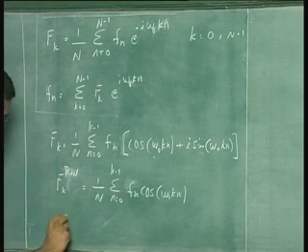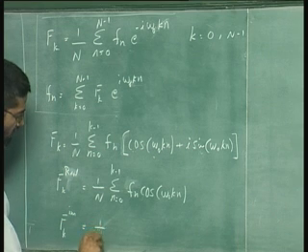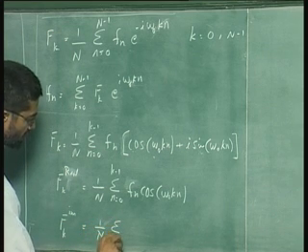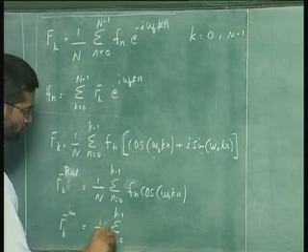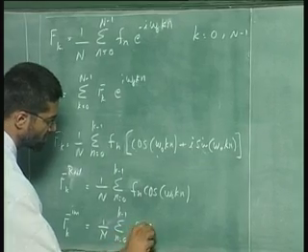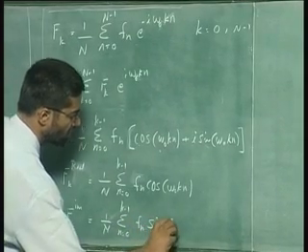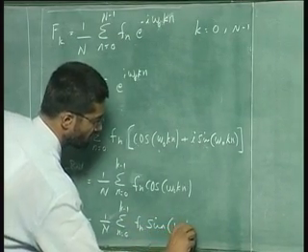And then we compute the imaginary part, F_k imaginary, as 1/N times the sum over n equal to 0 to N minus 1 of f_n sin(ω_0 k n).